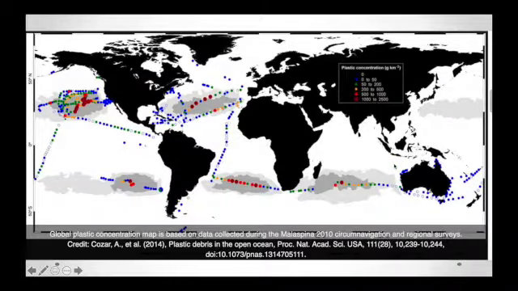One very interesting example: in 2010 they had a huge scientific cruise. They tried to collect these plastic samples. You can see the blue color; these are the tracks of the ship. Blue color means there's a very small amount of plastic that they can get.